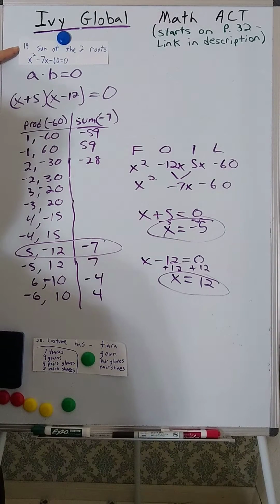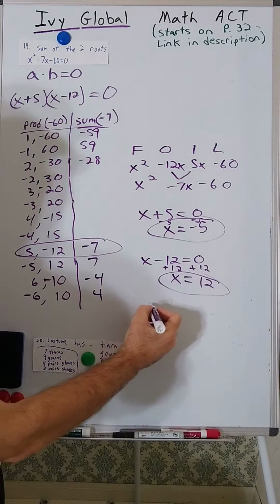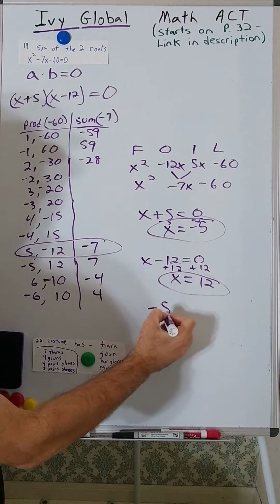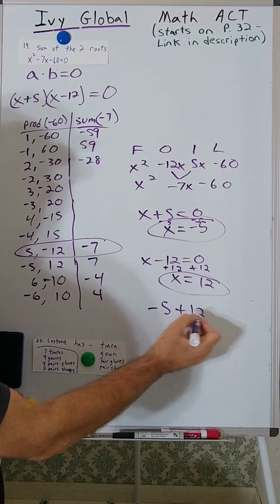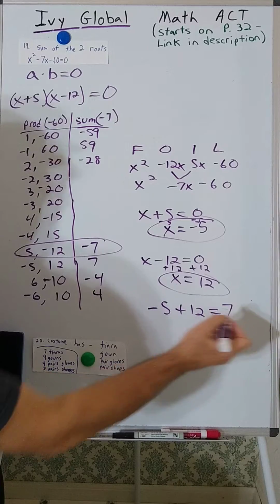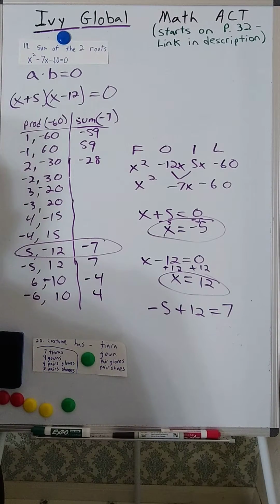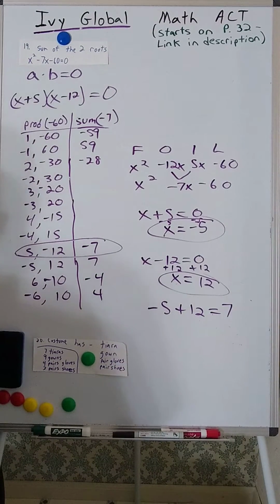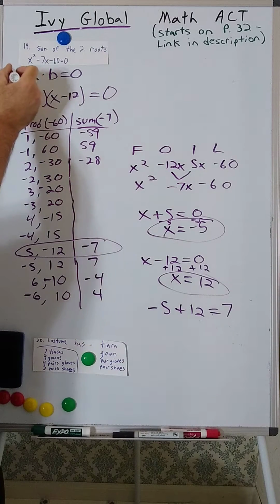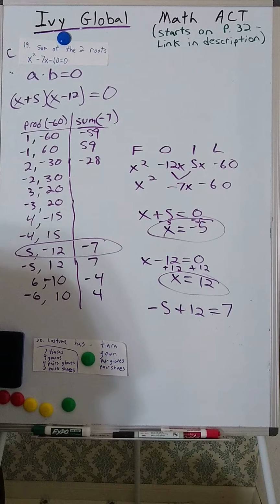And the question says, what is the sum of the two roots? Well, negative 5 plus 12. Okay, these are our two roots. Their sum is 7, and that is C among the answers. Okay, so the answer to 19 is C.